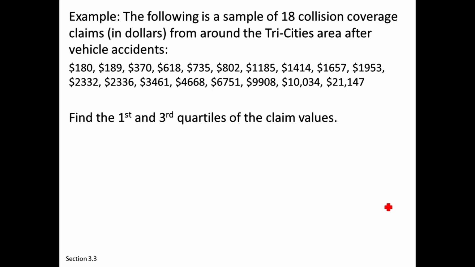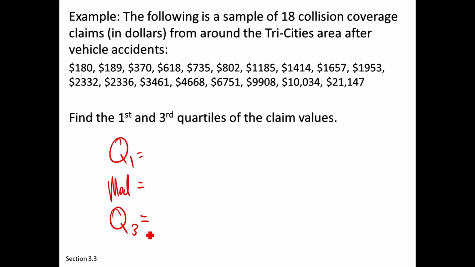So find the first and third quartiles of the claim values. To find the first and the third quartiles, you actually have to get the median first, and then you can grab the quartiles from there. So what is the median of this data set?